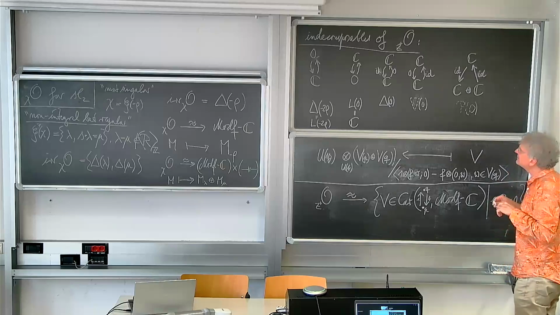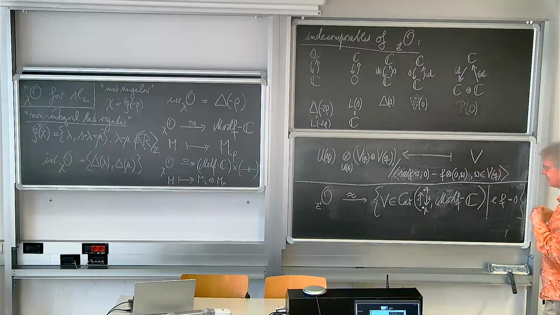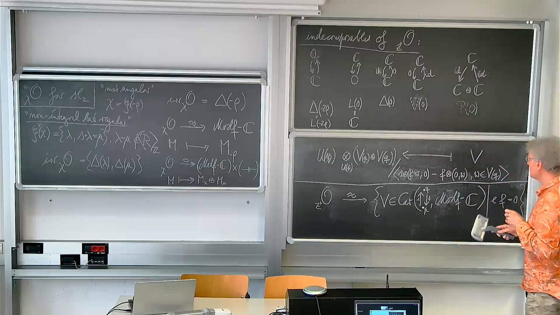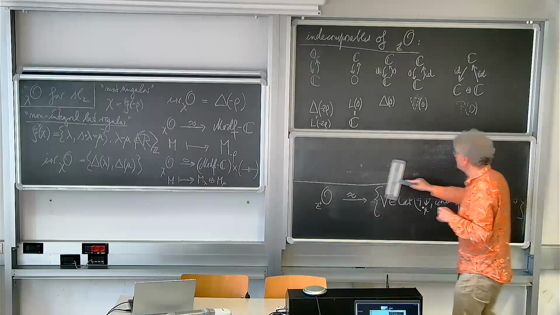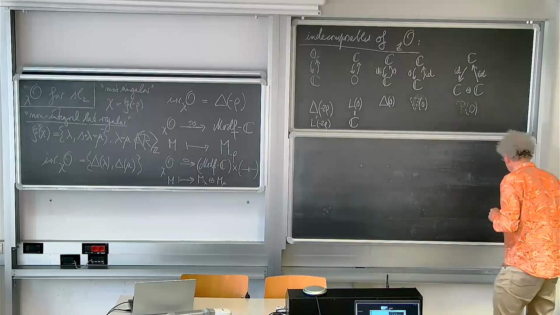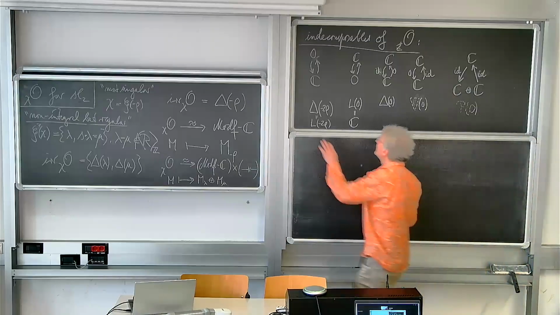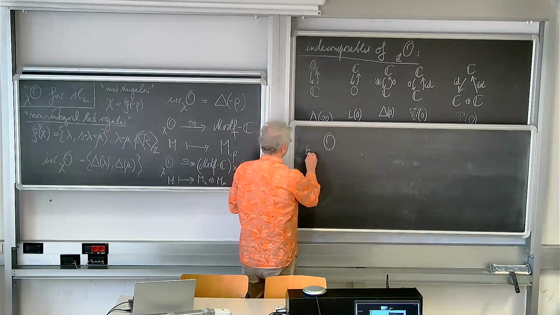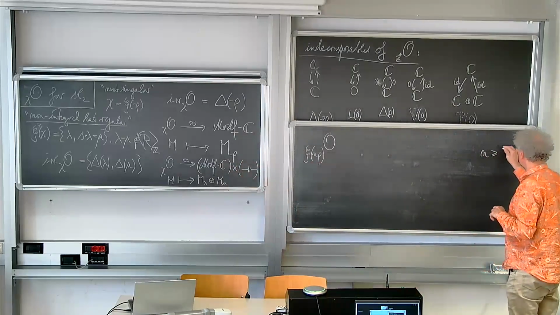The next question is, okay, now this is the indecomposables of O_0 plus. And then what I did not discuss at all is that there are these other categories, where we have n rows and n is some natural number.